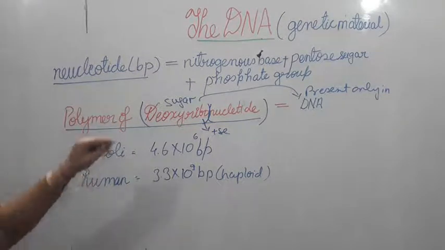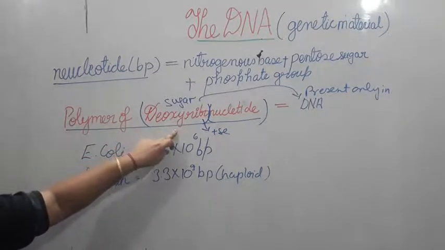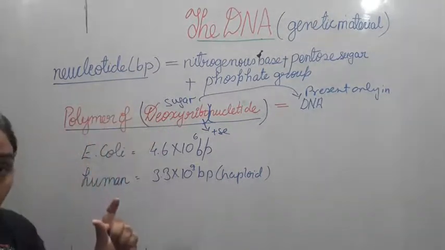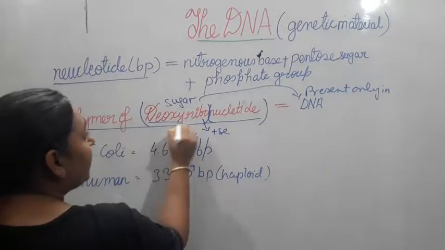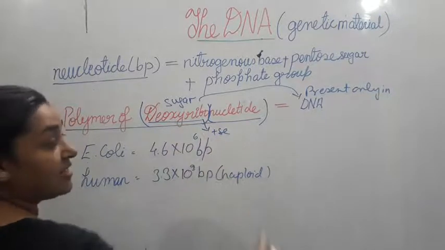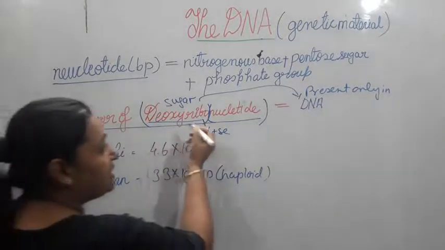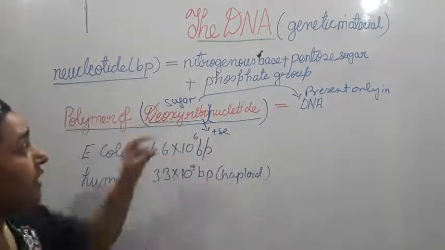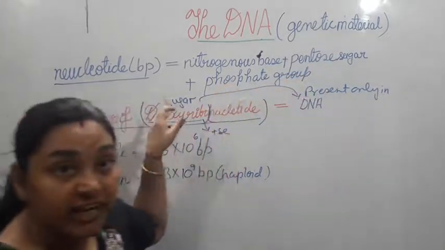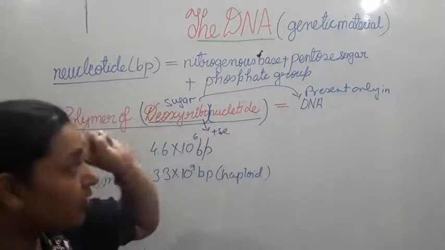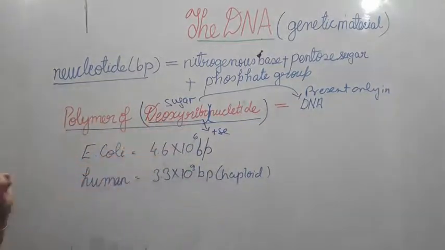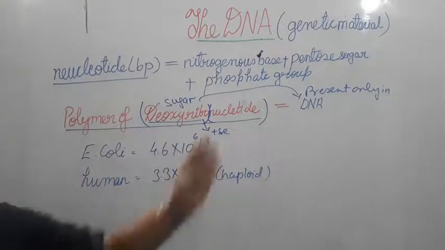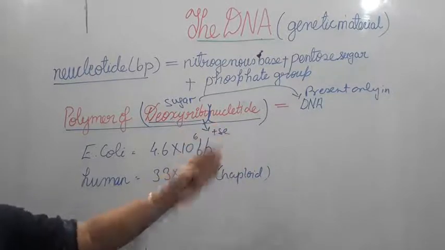If here it had been only ribose, then that kind of sugar is only present in RNA, but here it is deoxyribose. That means it is a type of pentose sugar which is present only in DNA. That is why it is a deoxyribonucleotide long polymer chain.